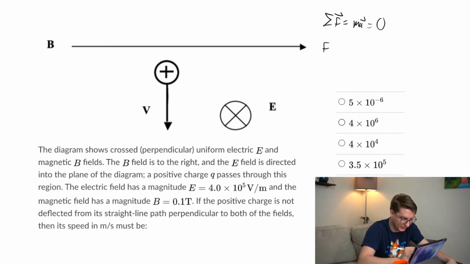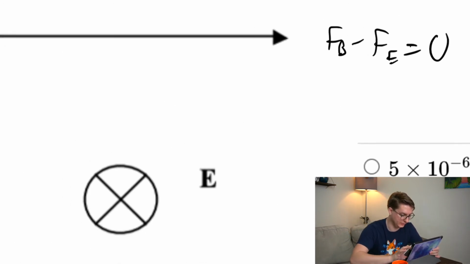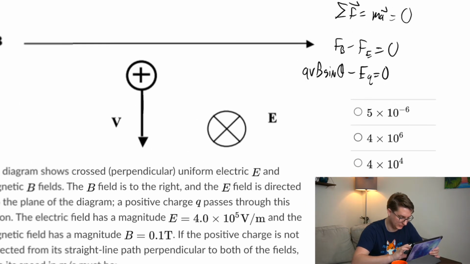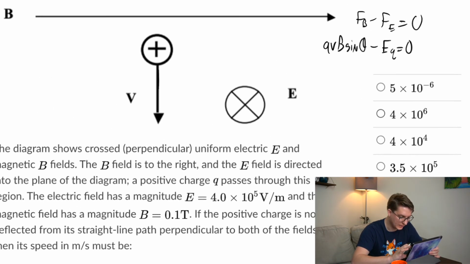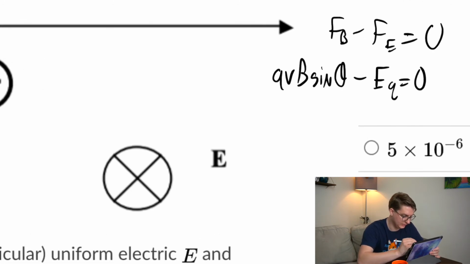Well, you're going to have a magnetic force subtracted by an electric force, and those are going to be equal to 0. How do you calculate the magnetic force on a single charge? Well, that's Q V B sine theta, where theta is the angle, minus E Q equals 0. So essentially this is going to select for the velocity.